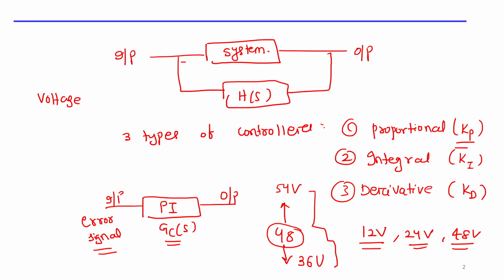In that case an error will be there, because we are providing a reference command of 48 volt. We are saying it should track 48 volt only. The reference is 48, but when the voltage is constant at 54, at that time the error will be maximum. So in that case you have to come up with a compensator like a PI controller or a PID controller, such that the error is minimized.